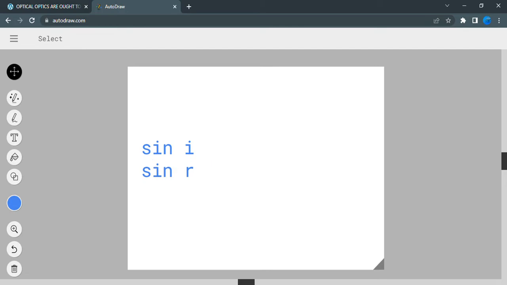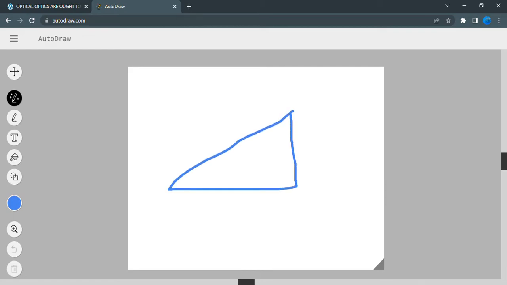Now you might think, what does the sine of an angle mean? In trigonometry, the sine of an angle means the ratio of the opposite side and the hypotenuse of a right angle triangle. So let's take this to be a right angle triangle.